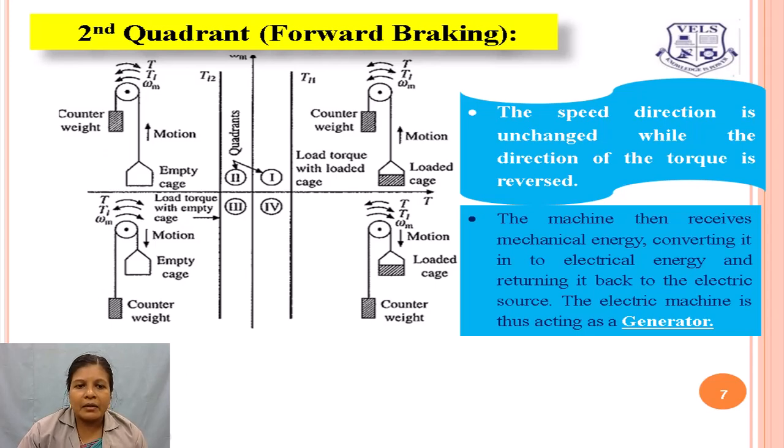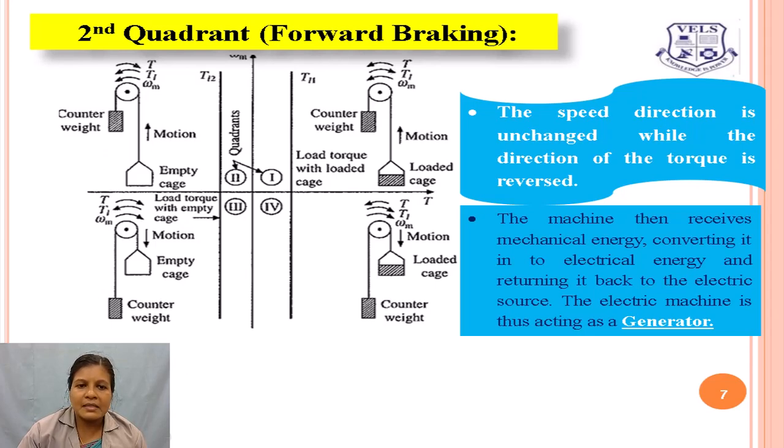So when the empty cartridge is pulled upward, the direction of the motor is going to be counterclockwise, but we need to apply a braking torque in order to pull the empty cartridge upward at a safer speed. So the direction of the speed and the developed motor torque are in opposite directions here, and as I told you, the load torque is always opposite to the motor torque.